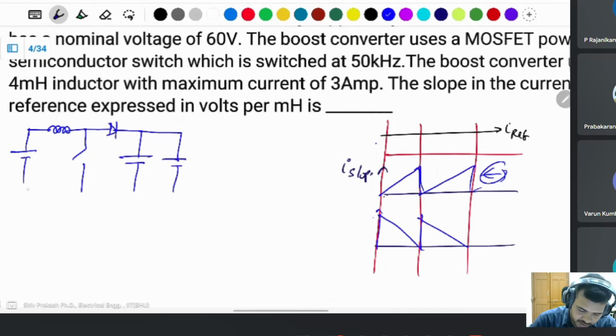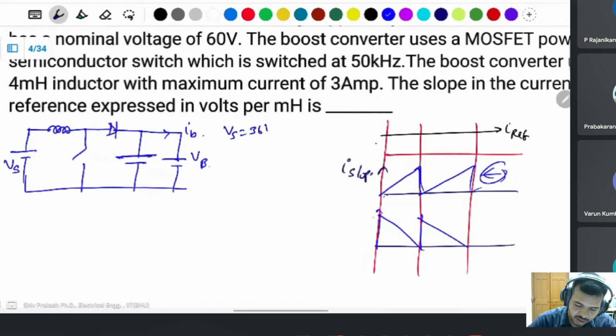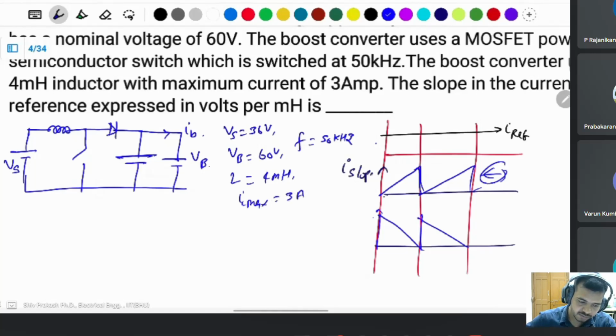The battery is there. Vs is given as 36 volt and the battery voltage is given as 60 volt. Frequency is 50 kilohertz, which is very high frequency. Inductor is 4 millihenry. And IL maximum is also given as 3 ampere.